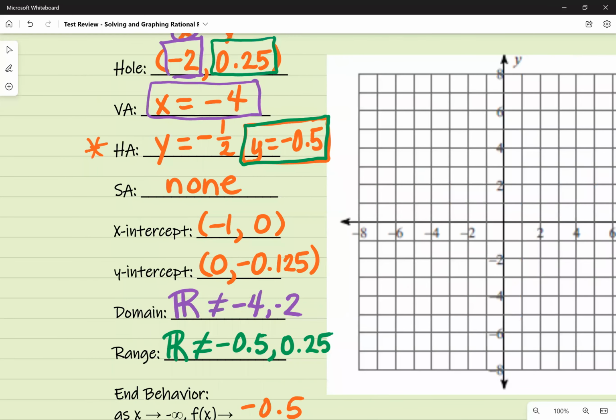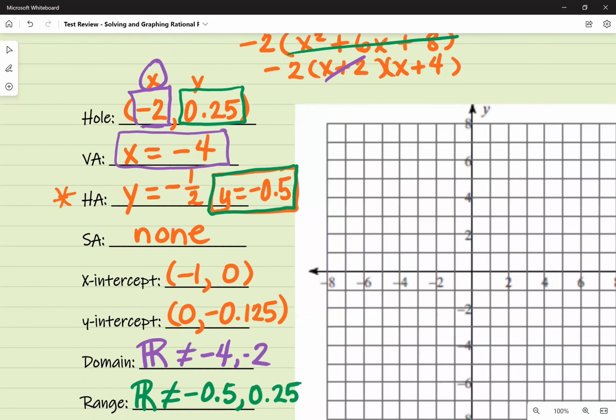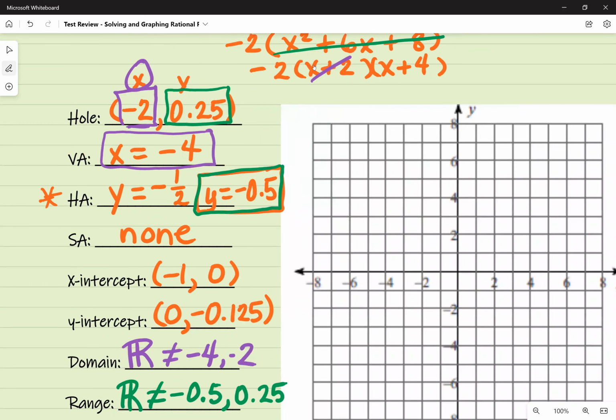So let's go ahead and plot what we can based off of what I've already written. And let's see, we'll use that orange. For the hole, I'm supposed to go over -2 and then up 0.025. So somewhere in here, and a hole looks like that. All right, so that's what it's going to look like on the graph.